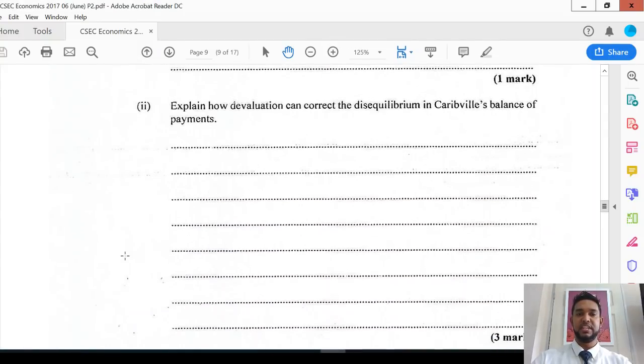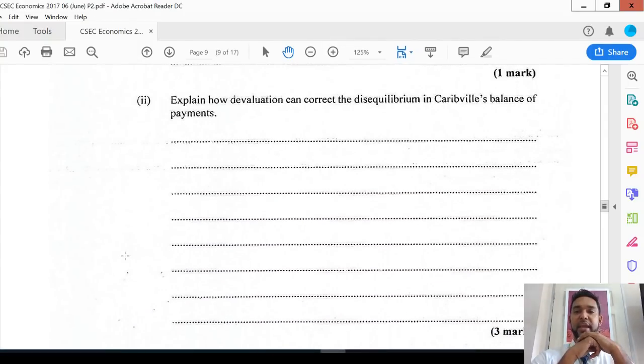Explain how devaluation can correct the disequilibrium in Caribville's balance of payments. So a disequilibrium in your balance of payments means what? The balance of payments is supposed to balance, so the money coming in is supposed to equal the money going out. A disequilibrium is where the money coming in and money going out are not equal.